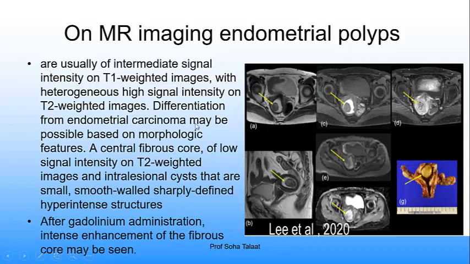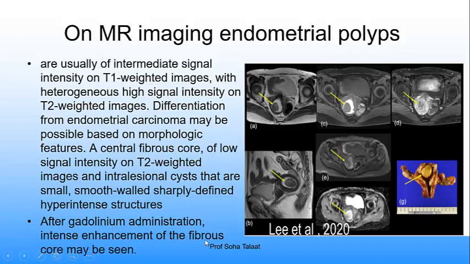Here, usually intermediate signal intensity on T1 with heterogeneous high signal on T2. And there is a fibrous core sometimes seen in the images, especially on the sagittal view. And this is an endometrial polyp on MRI. Here is the endometrial polyp, and it takes heterogeneous enhancement on post-contrast.